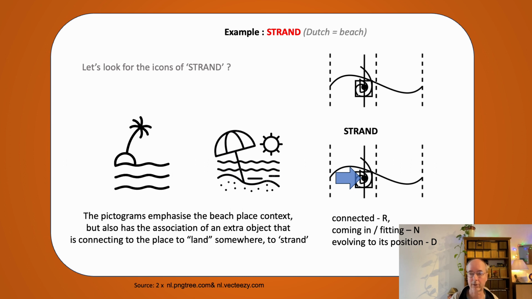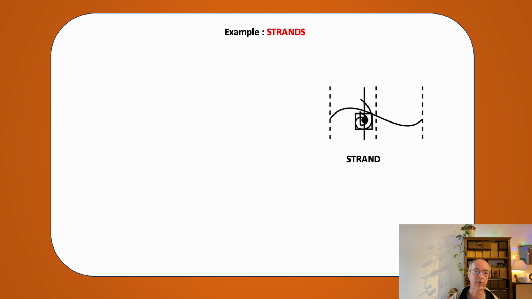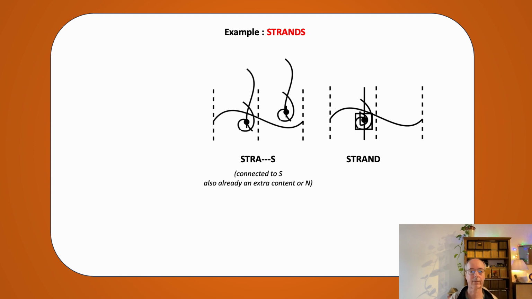Let's go to the next word instead of strand: strands. So we have here the word strand, and we have to adapt to it with an extra S which comes in. The extra S comes in, just like another content even there in it.